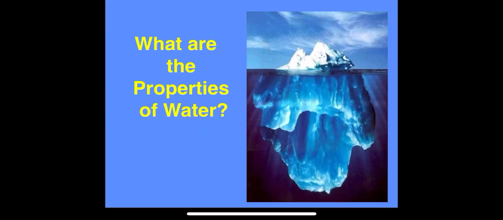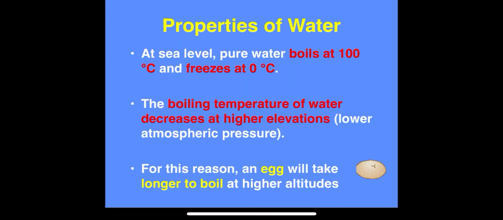What are the properties of water? At sea level, pure water boils at 100 degrees Celsius and freezes at 0 degrees Celsius. The boiling temperature of water decreases at higher elevations, or lower atmospheric pressure.